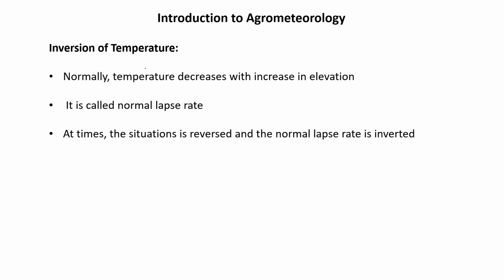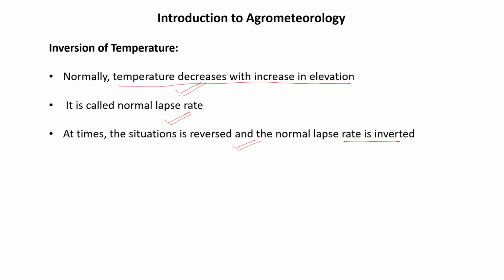Inversion of temperature. Normally, the temperature decreases with the increase in elevation. Okay, so when we go up in the atmosphere, the temperature decreases. This is called the normal lapse rate. At times the situation is reversed, the normal rate is inverted.